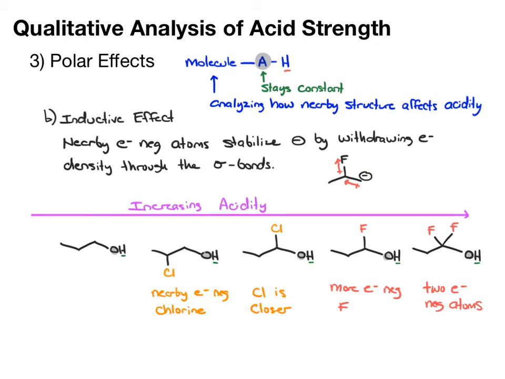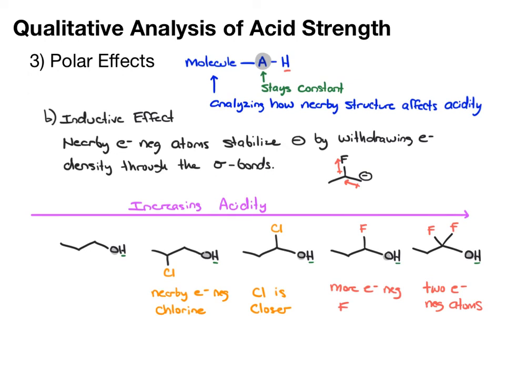Now some of you might be saying, well, wait a second. We talked before that HCl is more acidic than HF because of atom size. So why are you now saying that the more electronegative fluorine is more acidic? It's all about where the acidic proton is bonded to.